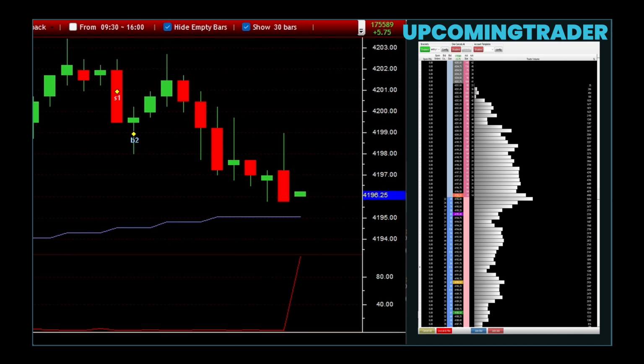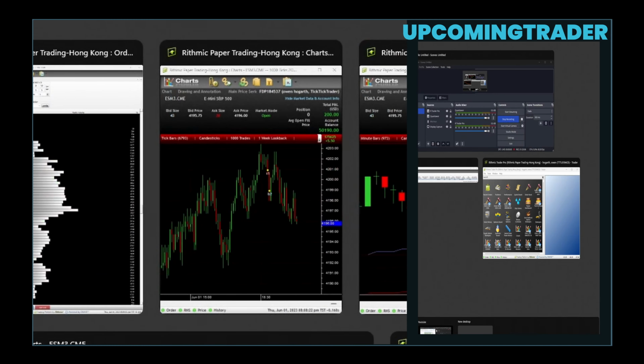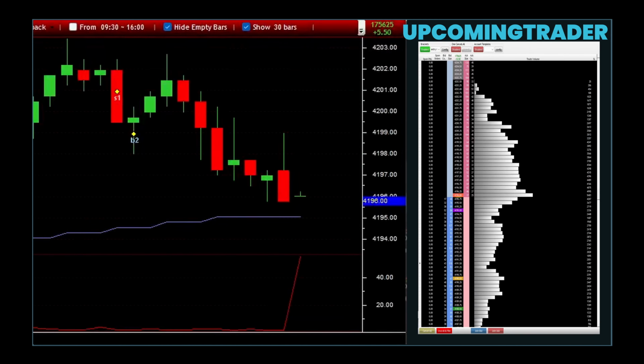This risk management technique helps you maintain discipline in your trading and protects your capital, ensuring that you can continue trading even if a few trades don't go as planned. It's a critical component of any successful trading strategy, helping you to minimize losses while maximizing potential gains.